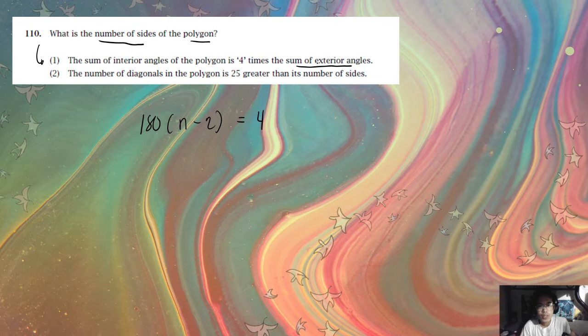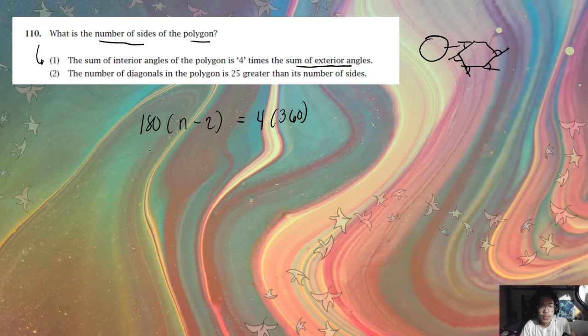So we know that the sum of the exterior angles of any polygon is just a circle, right? Let's say for example you have a pentagon. If you add all of these exterior angles, it's going to give you a circle. So that's 360. So 4 times 360.